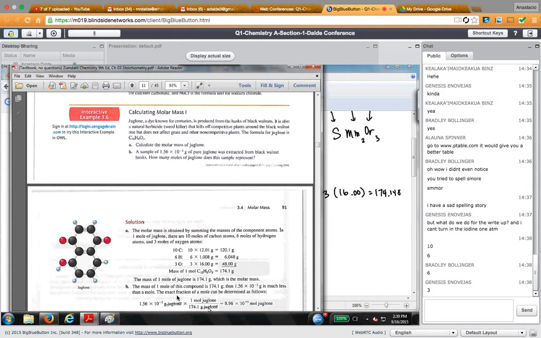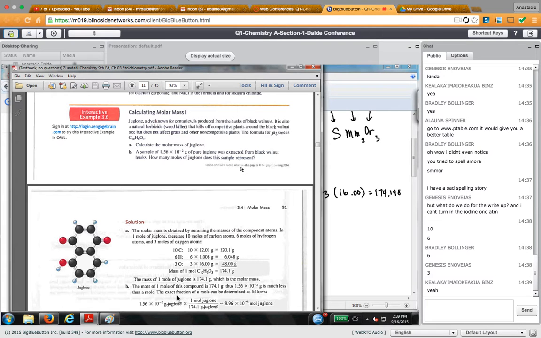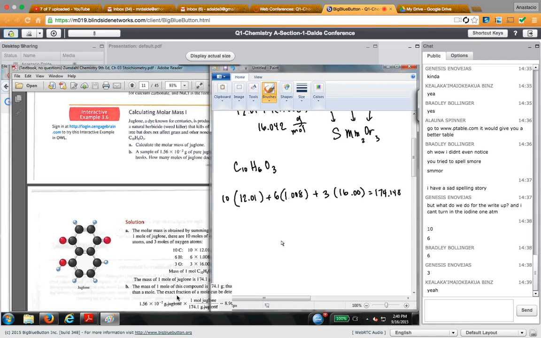All right. A sample of this many grams of pure Juglone is extracted from the black walnut husk. How many moles of Juglone does this sample represent? So this time we know that 1 mole of this stuff is equal to 174.148 grams of this stuff.